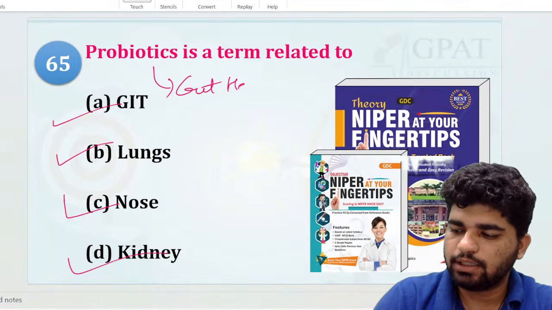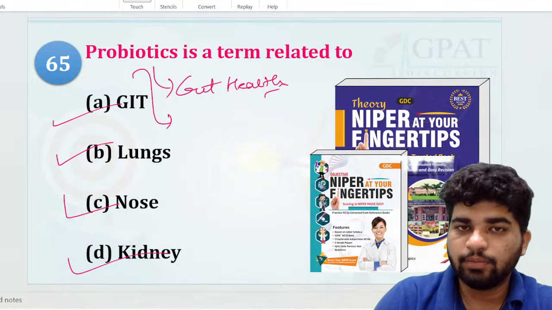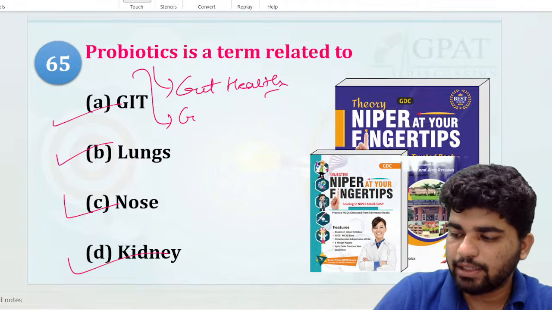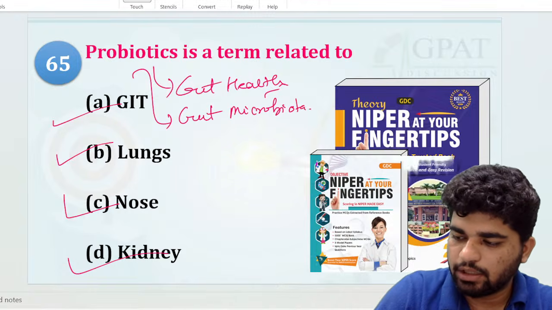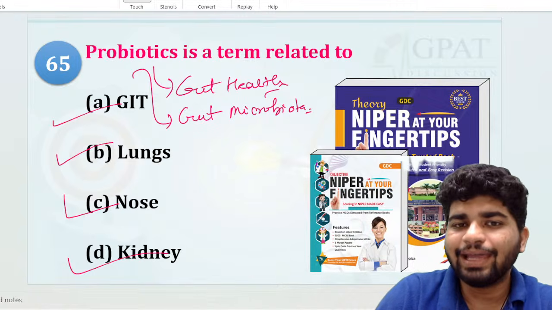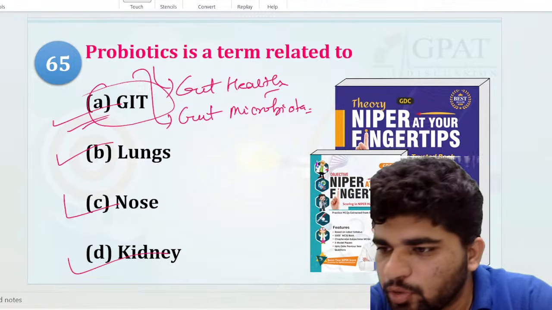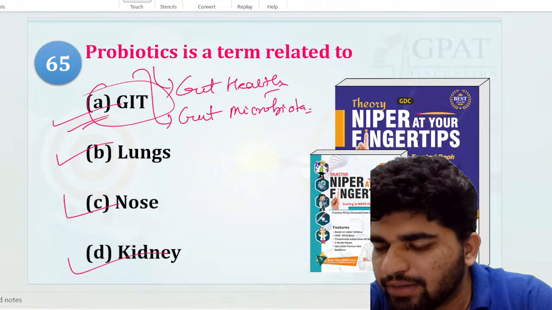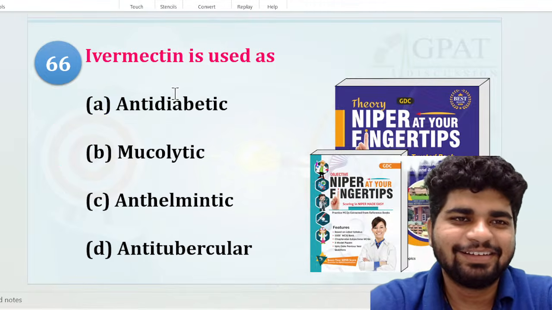It improves gut microbiota, and gut health is going to be healthy, so that is only your GIT. Simple. There is a big confusion between pre and pro.